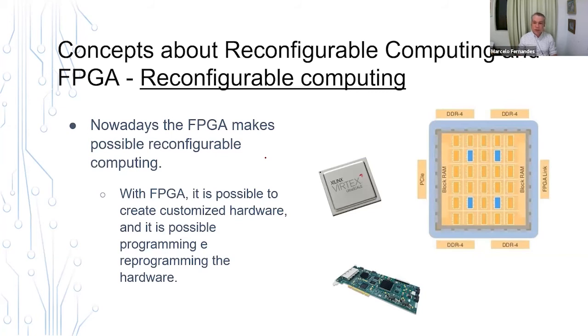About FPGA: today FPGA is a technology with which you can make a reconfigurable computer. It's important you understand that FPGA is just a technology that you can use to make a reconfigurable computer.